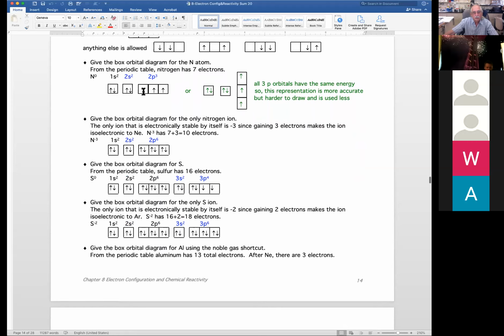Same thing here. Here's a p orbital, so it's got 3 orbitals. I got 3 electrons to go in there. So I'm just going to put them in different boxes so they don't get bunched up with each other. They don't have to follow the rules. And theoretically, all 3 of these boxes have the same energy. So this is a more accurate representation, but it's harder to draw than this is.